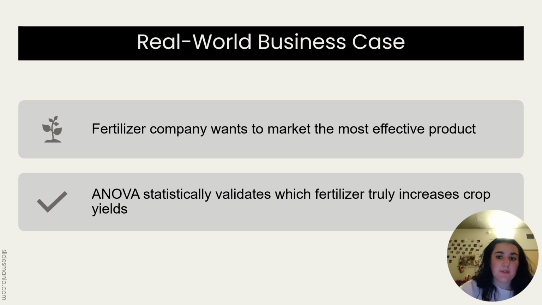Ramp up production of fertilizer C, 2. Focus marketing and sales resources there, and 3. Price it appropriately based on its premium performance. Without a statistical test like ANOVA, you might just guess, leading to wasted investments. And this is the true power of statistics, turning data into smart decisions and making numbers and data into cents, and that cents into dollars.